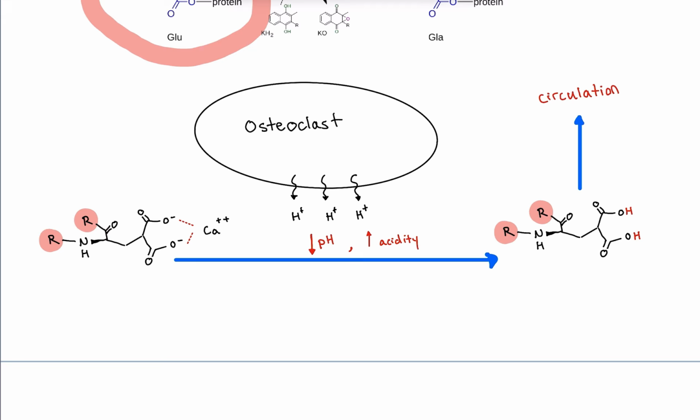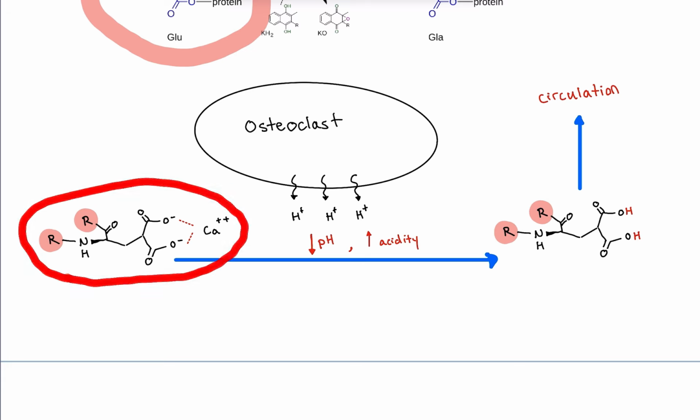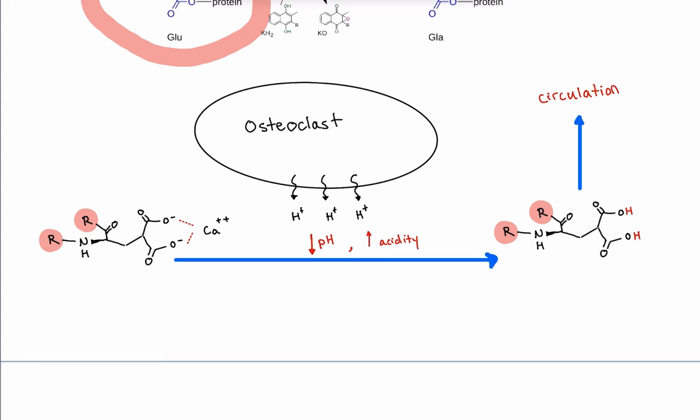And that allows this osteocalcin that has been gamma carboxylated, that's bound to calcium, to now unbind, because what's happening is these little carboxyl groups, these little O minuses, are being protonated by these hydrogen ions that are being pumped out by this osteoclast. So you can see here, over here I have OH and OH.